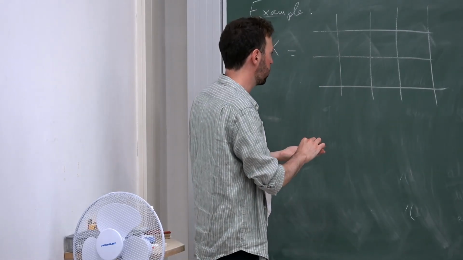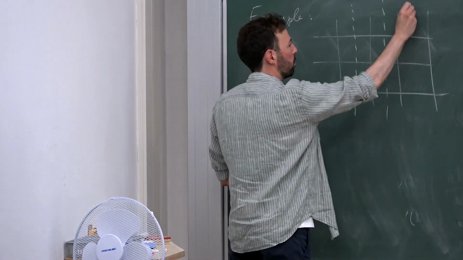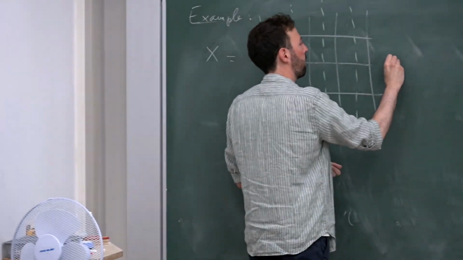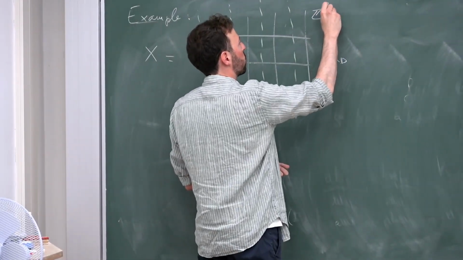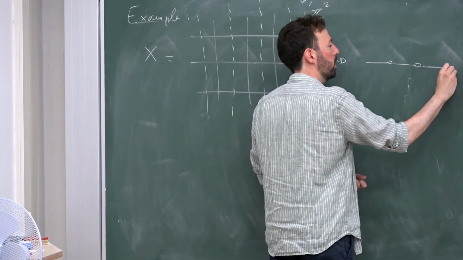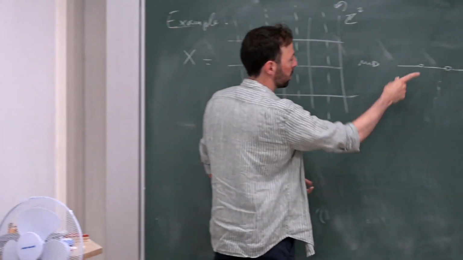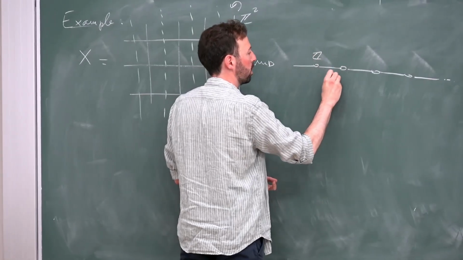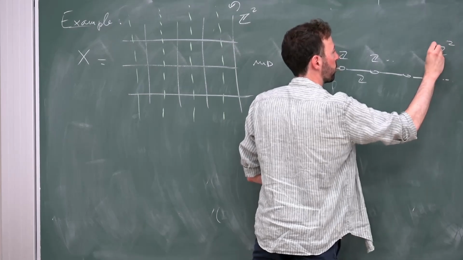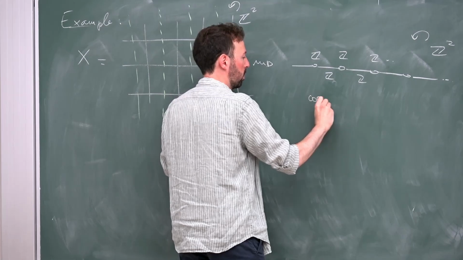So I'm going to do something slightly different. I'm just going to take the family of walls coming from the vertical hyperplanes. If you do this, the CAT(0) cube complex with the associated action of Z squared on it is going to be an action on the real line, but with Z stabilizers everywhere. So in particular, it's an action that is co-compact, but not proper.